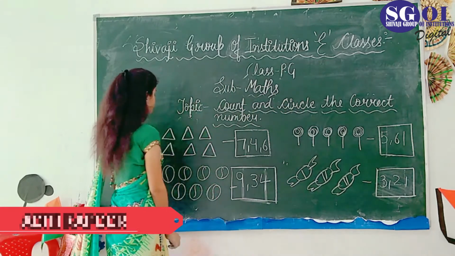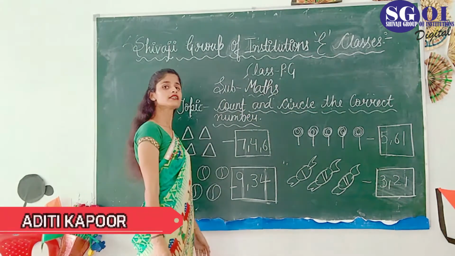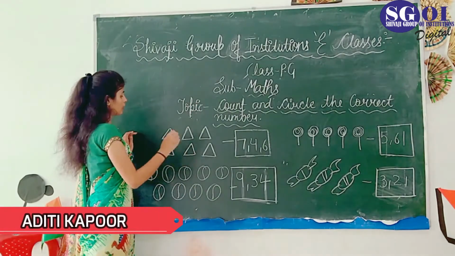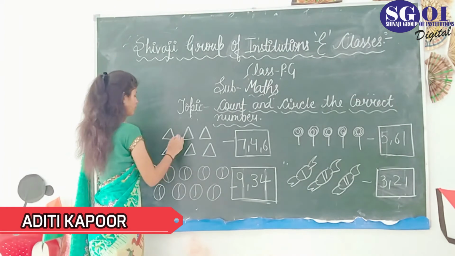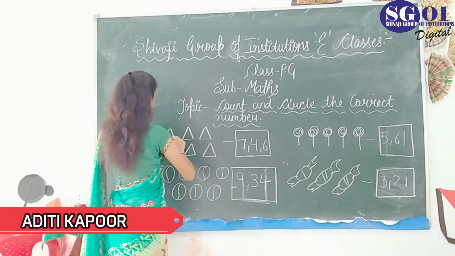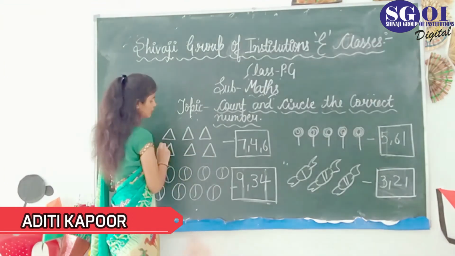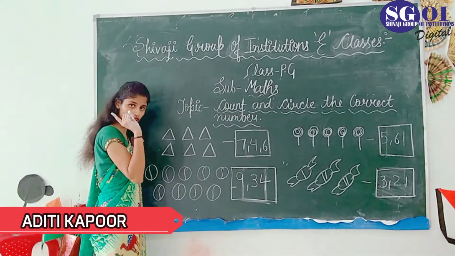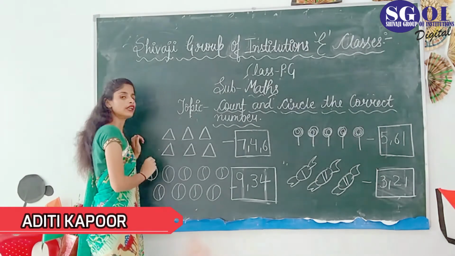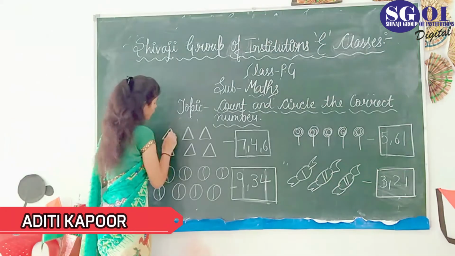Now let's start. Count and circle the correct number. Tell me how many triangles are there in your notebook. Now let's count it. Count with me.